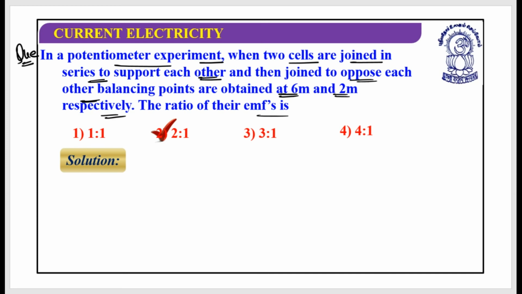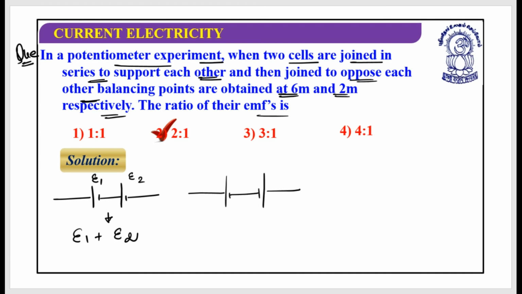When two cells are connected so that they support each other, if you remember the combinations of cells, this could be written as E1 plus E2, and in the other situation they oppose each other. Let's assume this is E1, this is E2, and I am assuming that E1 is greater than E2, so this is E1 minus E2.